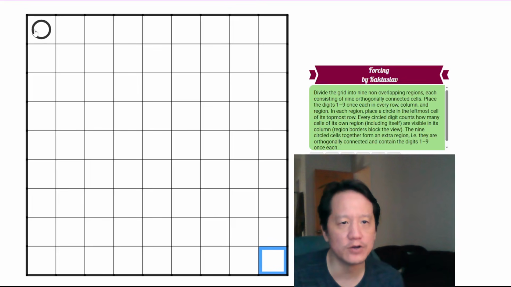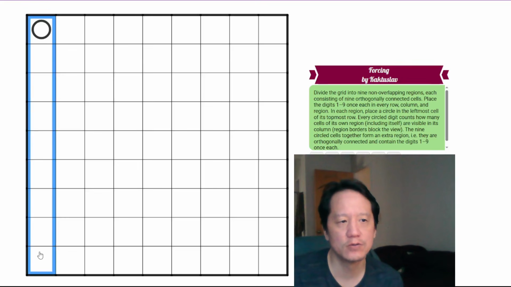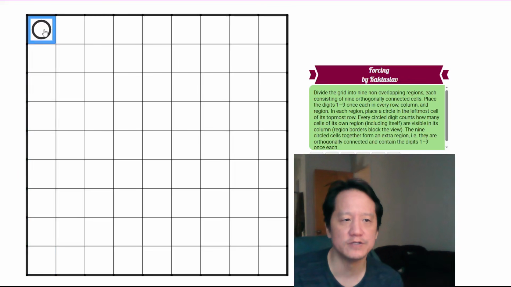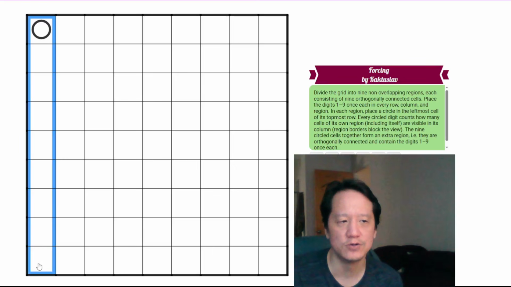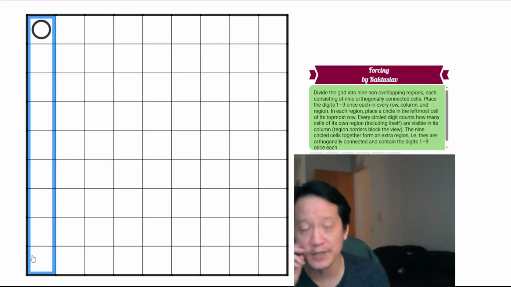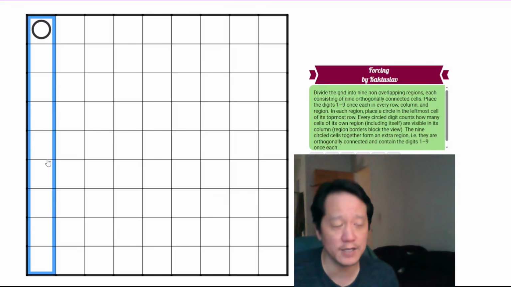Obviously, it cannot go all the way here as circles. If we try to go circles here, the problem is each digit in that circle would have to be 1, because there's only one cell in each of those regions, which are part of the region in the column. So it cannot go down to here.